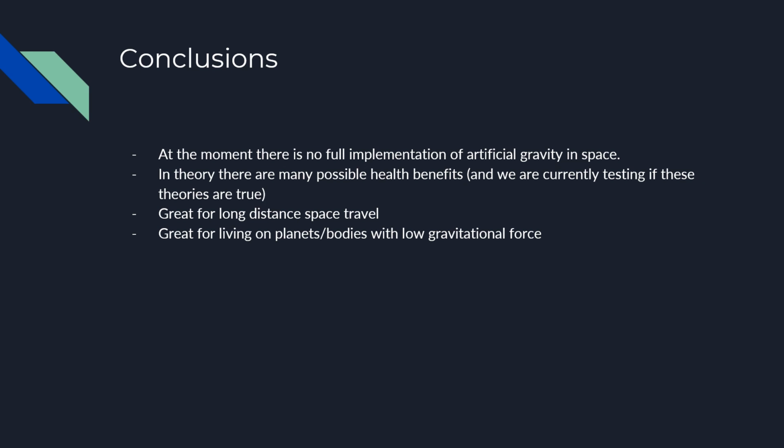So at the moment, there isn't any universal or practical implementation of artificial gravity in space. And like I said previously, we are currently testing for those health benefits of artificial gravity, even though in theory we know that they should work. And hopefully this does get implemented and it'll be able to support long distance space travel.